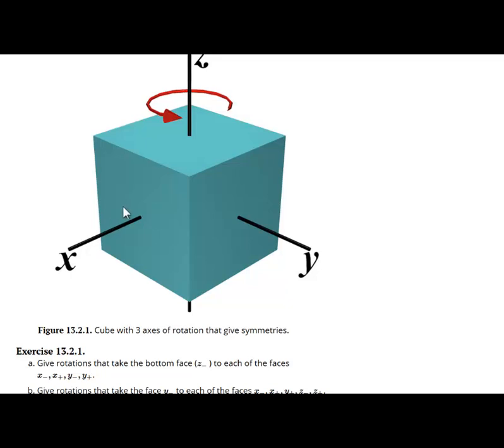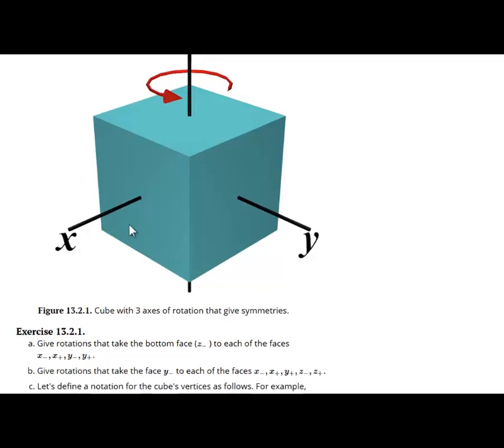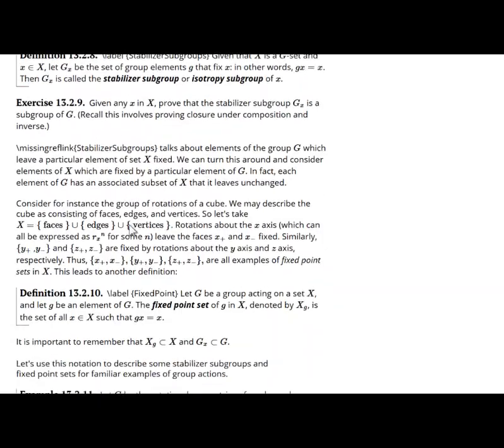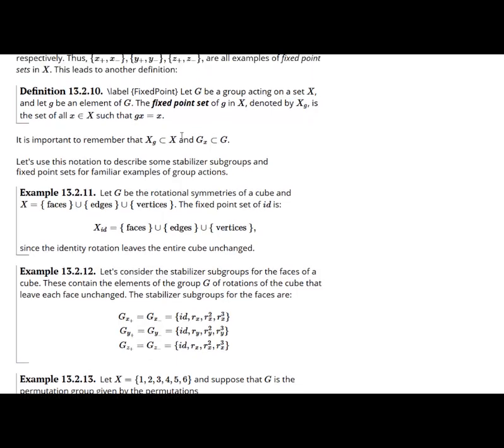Well, if you think about it, the front face and the back face are stabilized. Everything else moves. For instance, this edge moves to this edge, this corner moves to this corner, and so on. So the notation is here. The fixed point set of a group element is the set of points in the set X that are not changed by the group element.